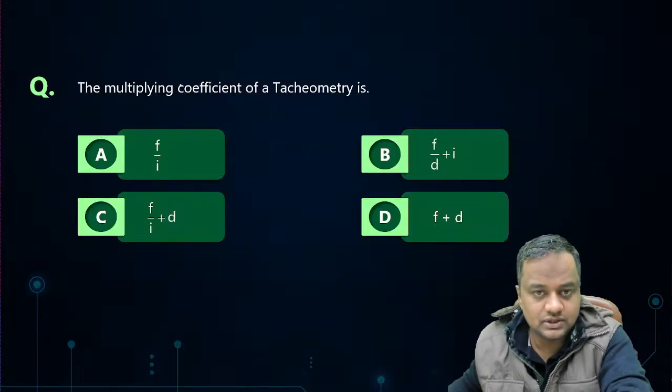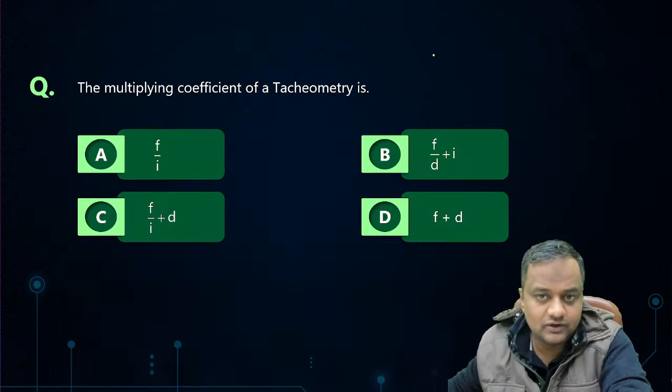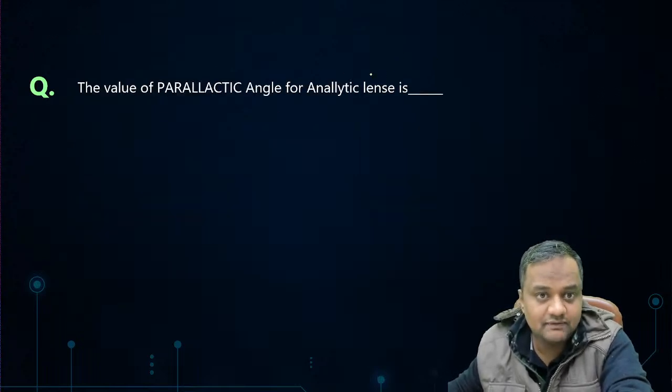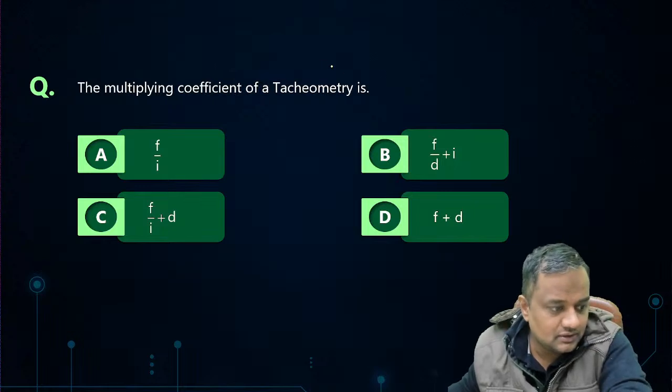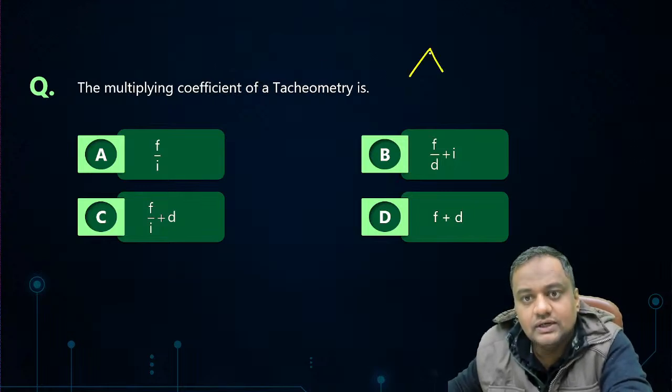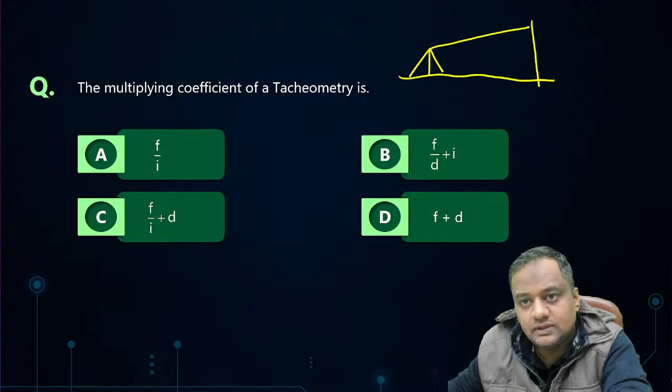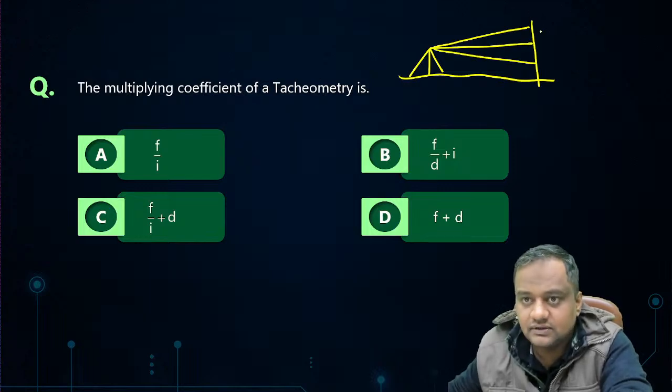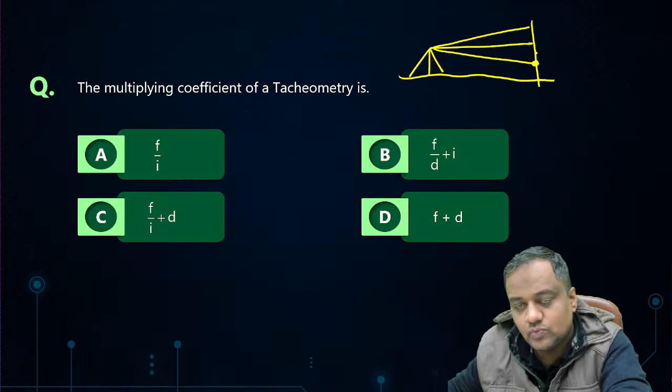This is the first question, guys. What is the multiplicative constant of tachometer? First of all, tell me this: what do you do in tachometry? You measure the distances. There are three wires in the diaphragm. Suppose these are cutting the staff at readings 2.1, 2.2, 2.3.